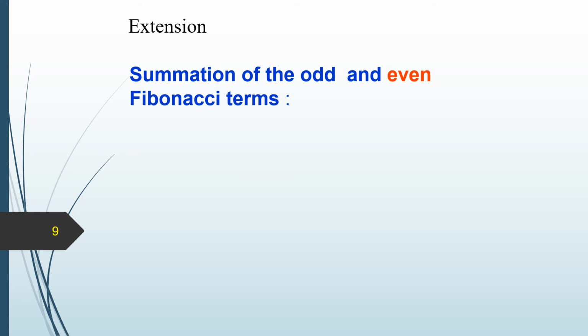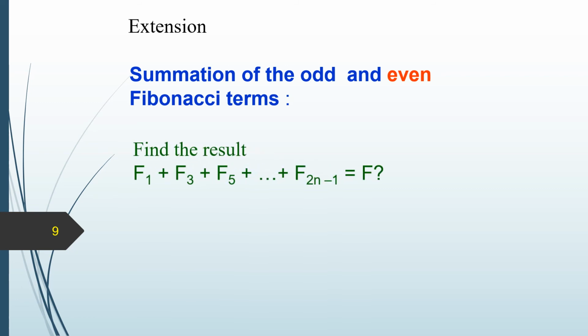Now we can ask the students to find the sum of odd Fibonacci terms and even Fibonacci terms separately, meaning that they have to find the result of f1 plus f3 plus f5 and so on. What will be the Fibonacci number? We have to express it as a Fibonacci number.